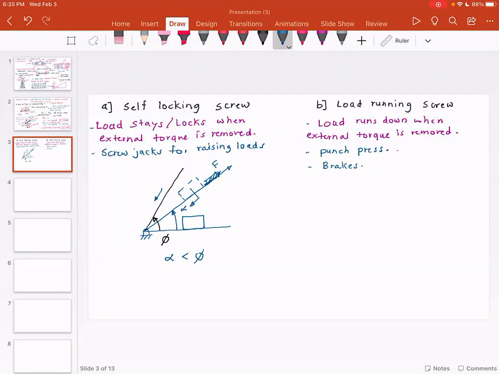In the case of running screw, you would observe the same case. You would observe that the friction angle phi is less than the helix angle alpha.